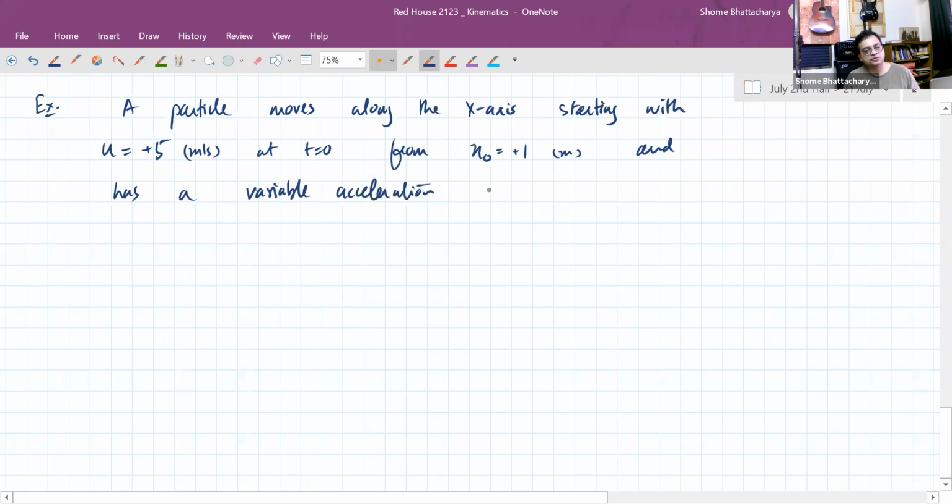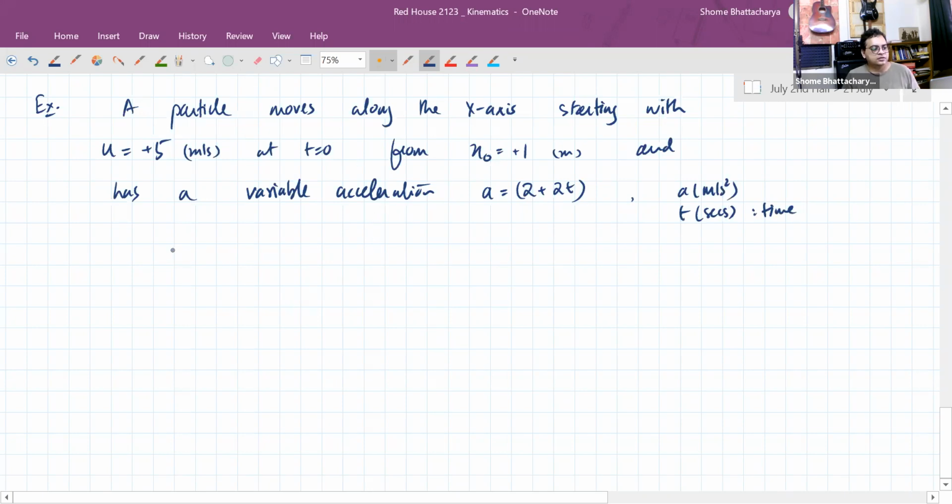That means whatever force must be acting on the particle is changing with time. So it's giving it a variable acceleration. Now that acceleration is given by, suppose, plus 2t, where the acceleration is in meters per second squared and t is in seconds.